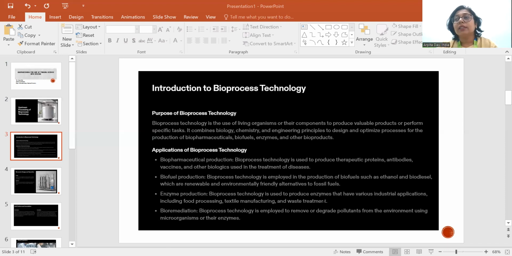Then another industry is the enzyme production industry, where various types of enzymes are being produced using bioprocess technology. As an example, we can talk about Unienzyme or Carbozyme. When you go to a wedding ceremony and all, we eat many things, and when you come back, we feel like, okay, I'm not feeling well, we are feeling heavy.